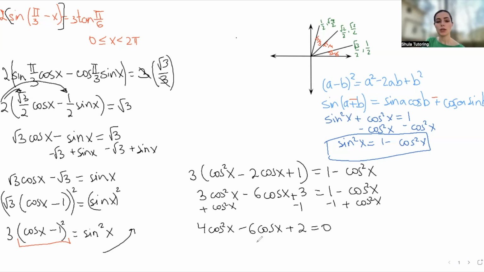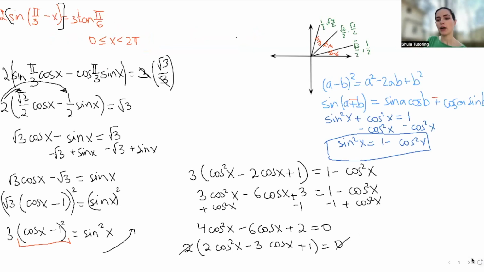What we can do to simplify, we can factor out 2, then we get 2 cosine squared x minus 3 cosine x plus 1 is equal to 0. So what I do now, I just drop the 2, right? Because if we were to divide both sides by 2, 0 divided by 2 is 0.